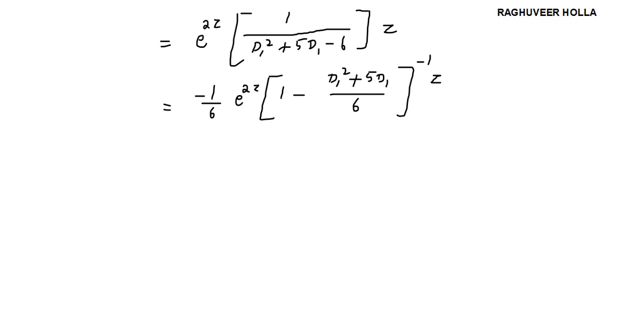So let us try to expand this: 1 by 6, e to the power of 2z, and when we expand this, I get 1 plus 1 by 6 times d1 square plus 5 d1, close the brackets.